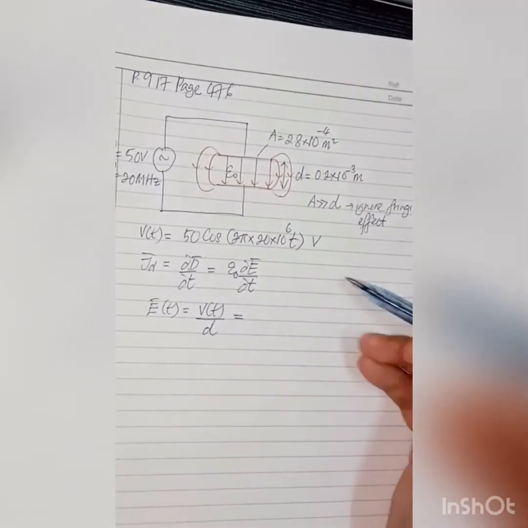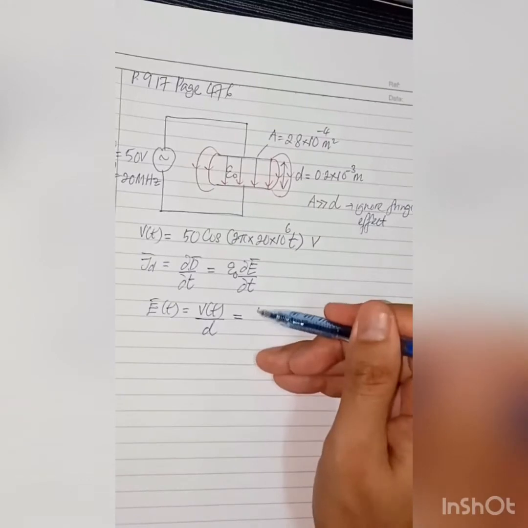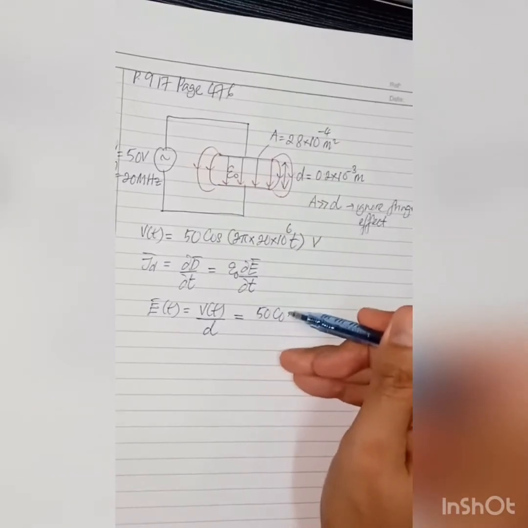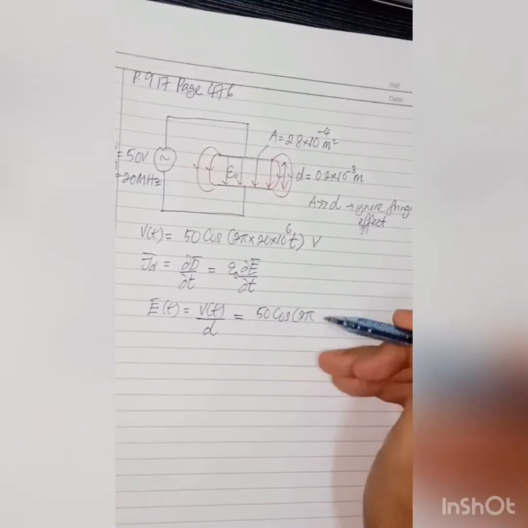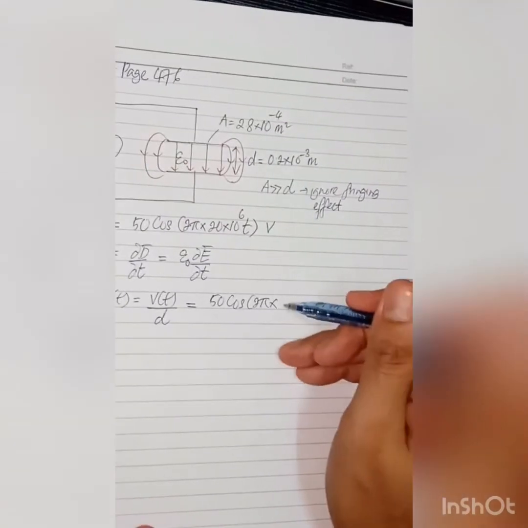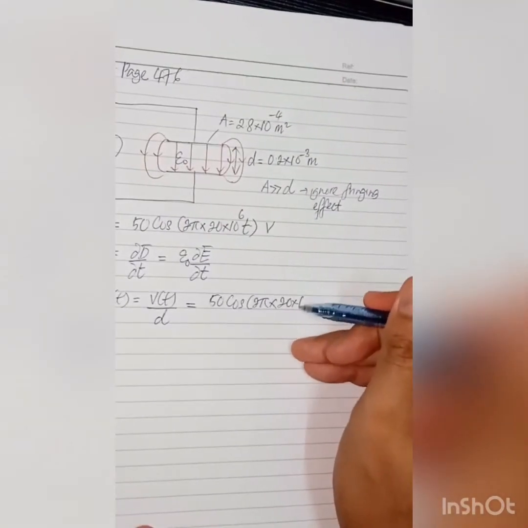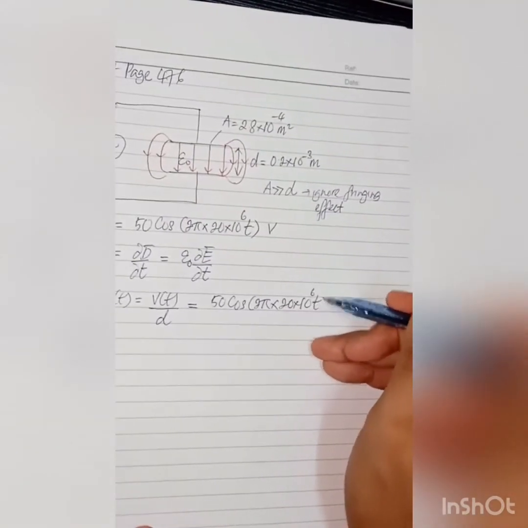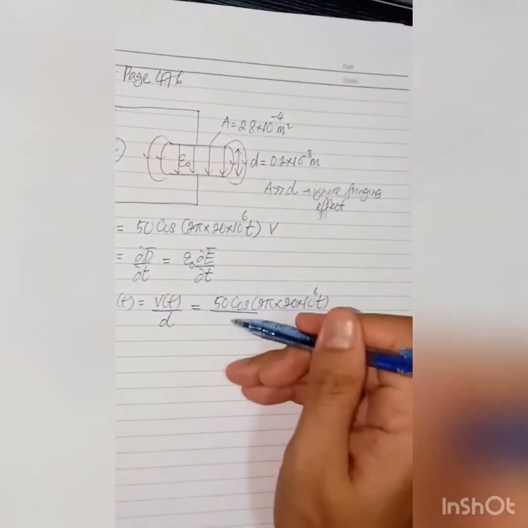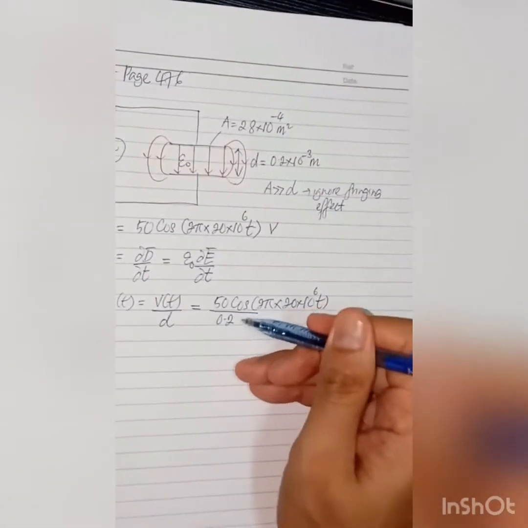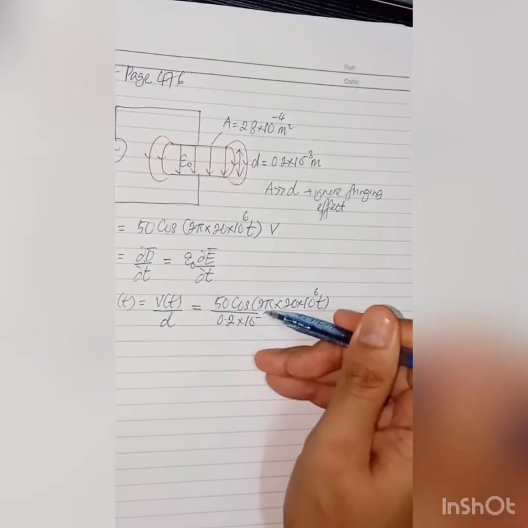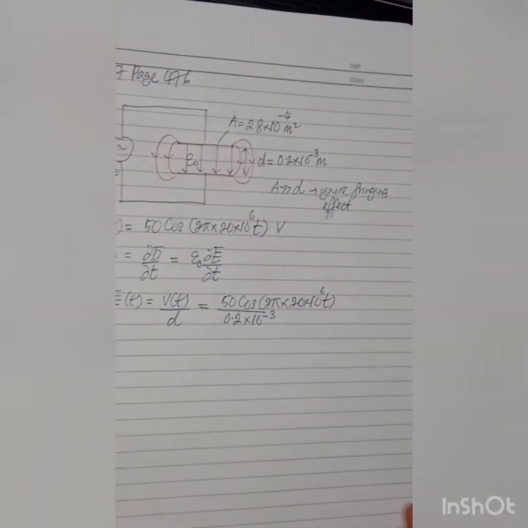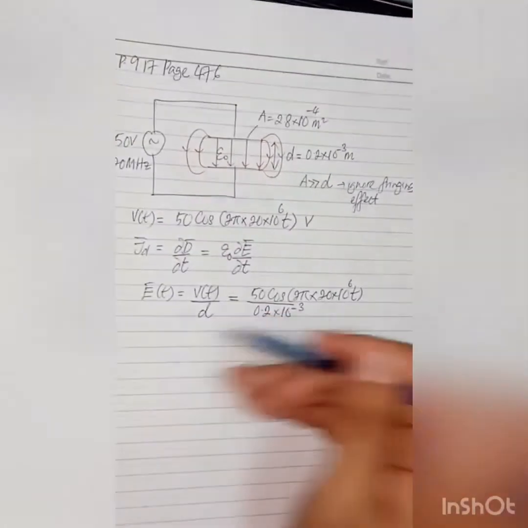So now let's put in the value of v(t). Now we have 50 cos 2 pi times 20 times 10 to the power of 6 t over 0.2 milli.